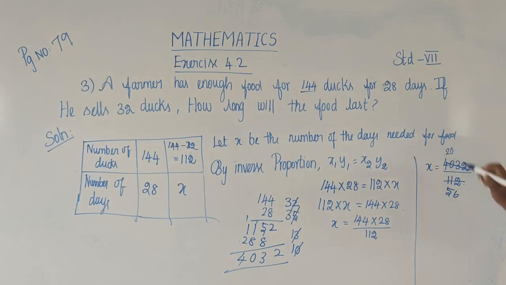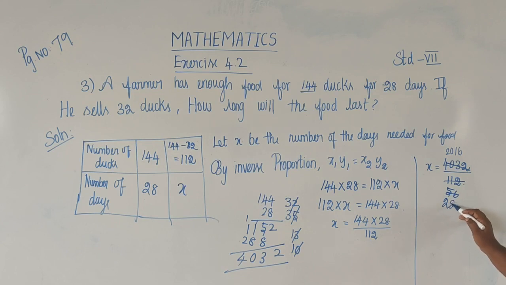20 2s are 40 and 16 2s are 32. So next numerator and denominator divided by 2. 2 2s are 4. So balance 1, 16.